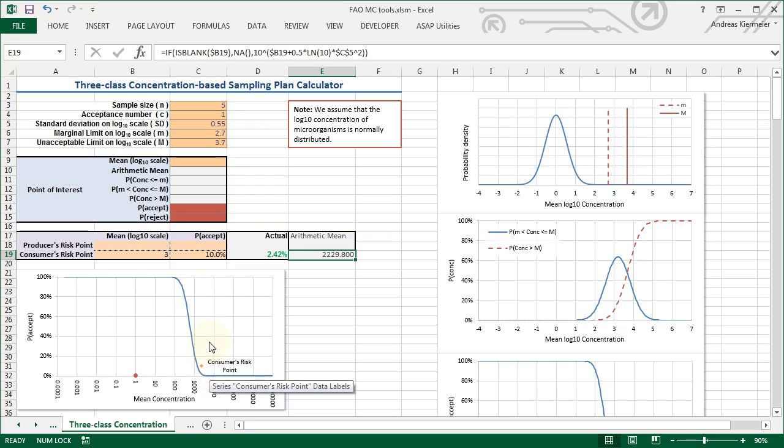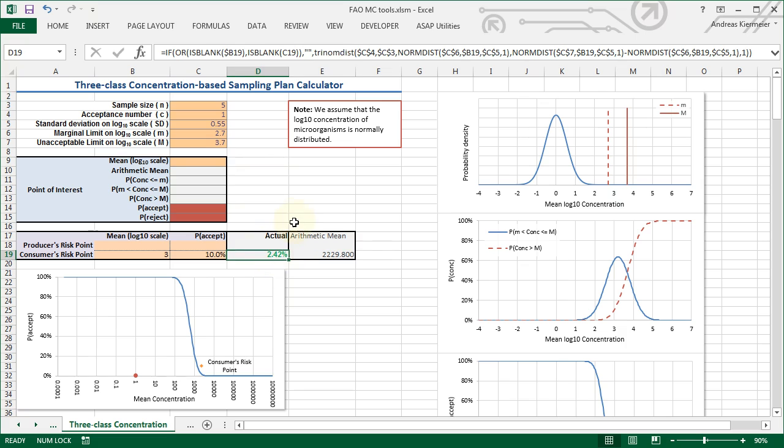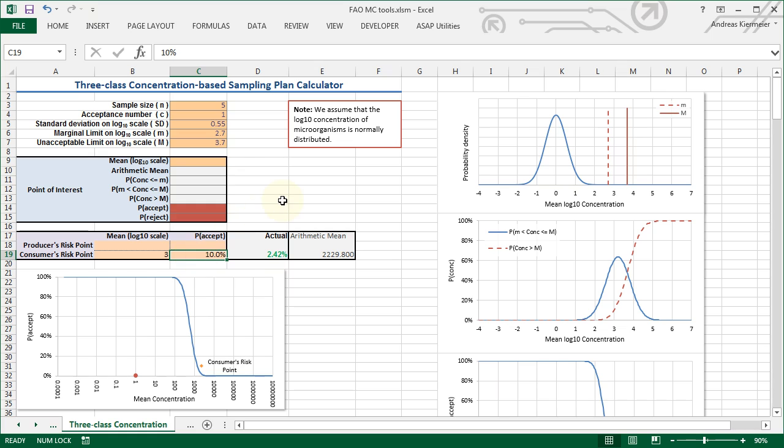The current plan that we have with n equals 5 and c equals 1 has an actual probability of acceptance of 2.42%, which clearly meets our maximum probability of acceptance specified as part of the consumer risk point, which is 10%.